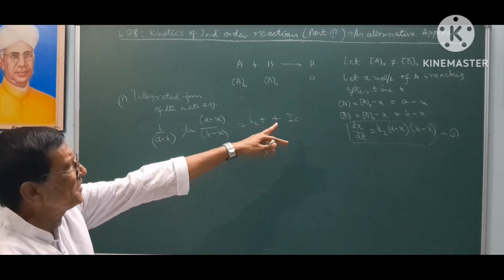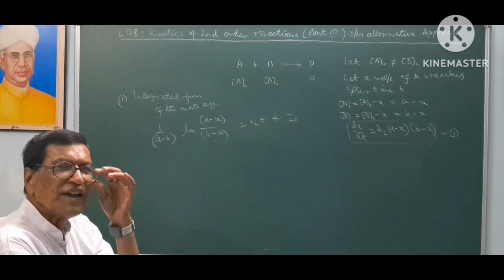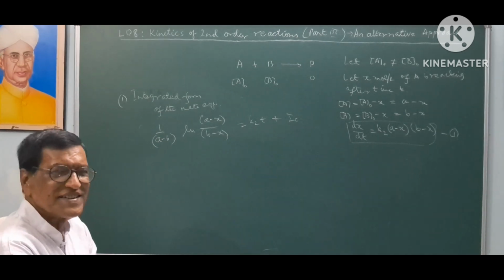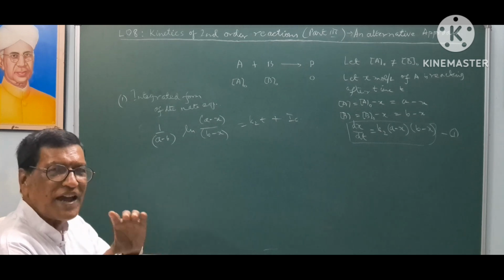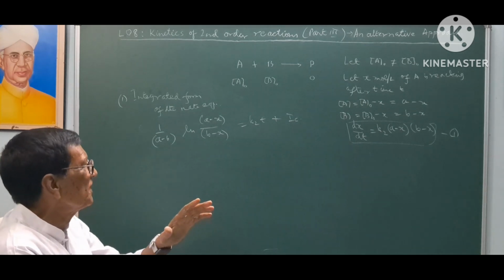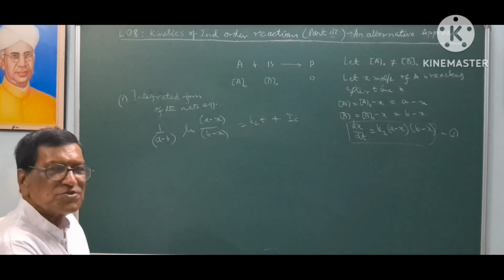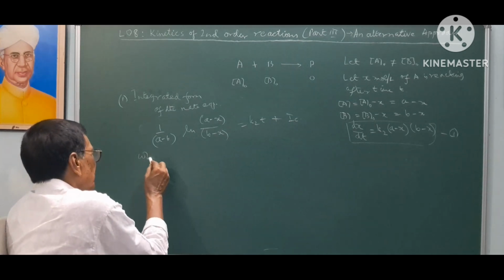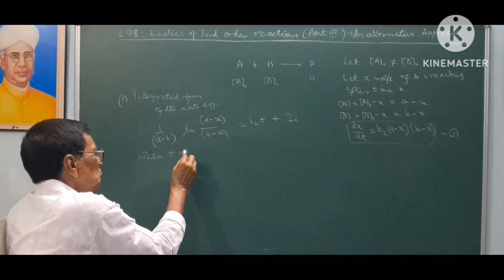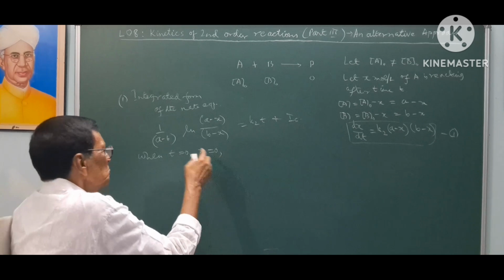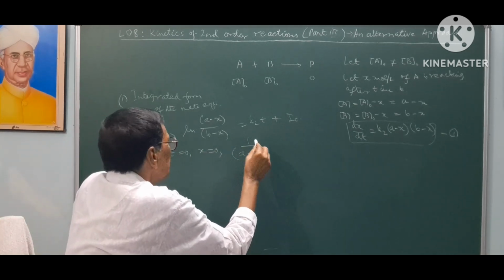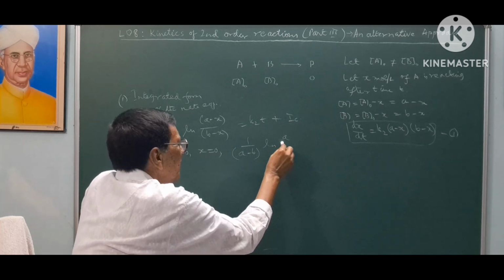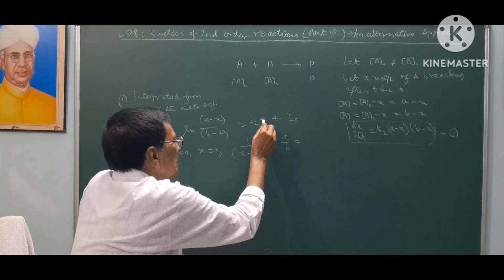To determine the value of ic, we have to put some boundary condition, and the most suitable boundary condition is that when time t equals 0, x equals 0. So when t equals 0, x equals 0, putting here 1 by a minus b and ln a by b, equal to t equals 0.